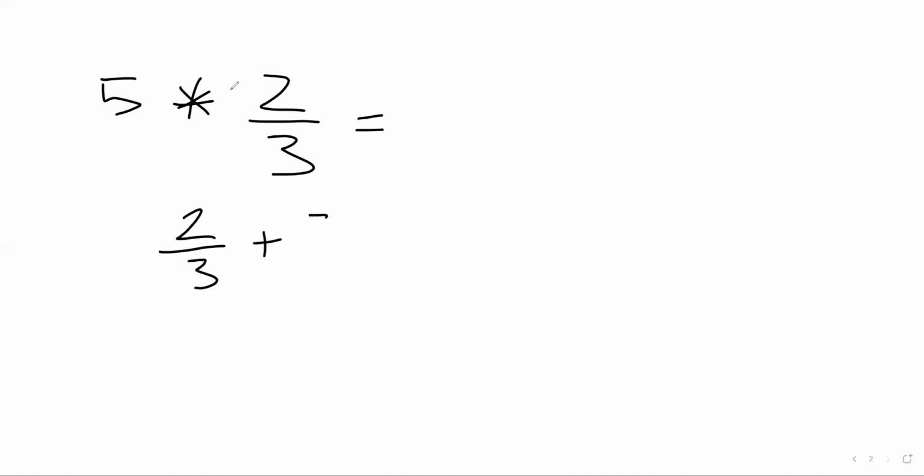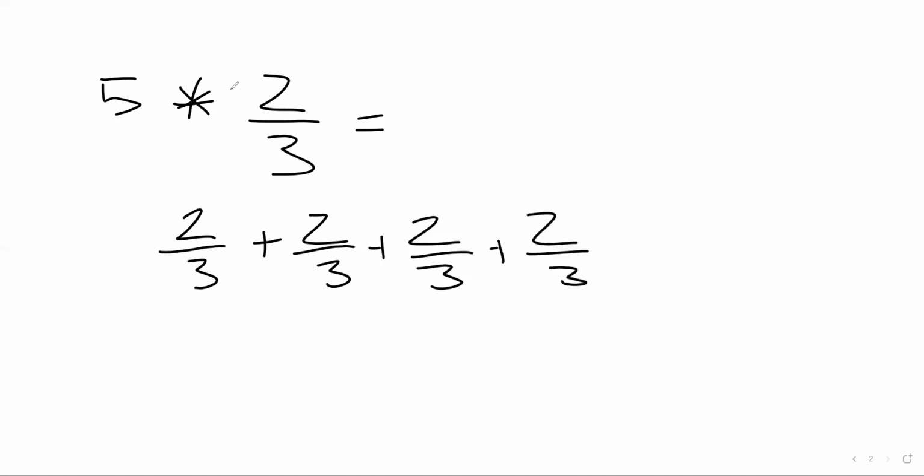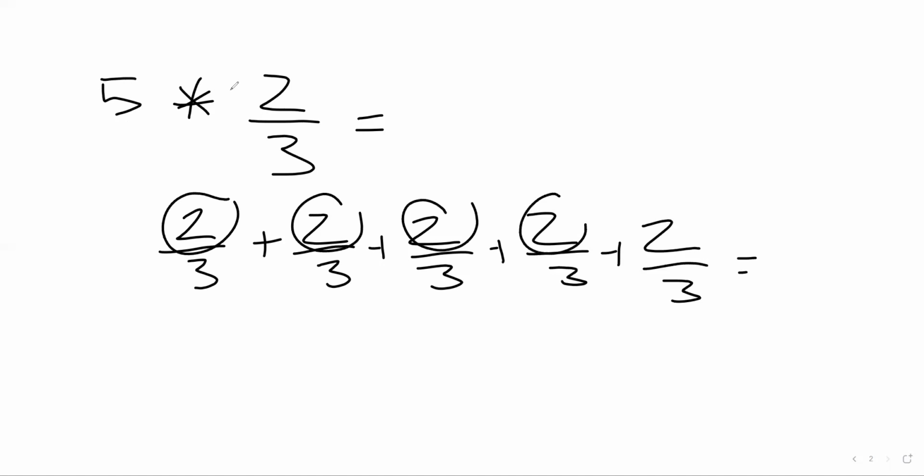So one thing we know here is we have our model of a whole number times a fraction. If we have 5 wholes times 2/3, that just gives me the idea that I have 2/3 5 times. If I put those together, I end up with 2, 4, 6, 8, 10 out of 3, which is top heavy.